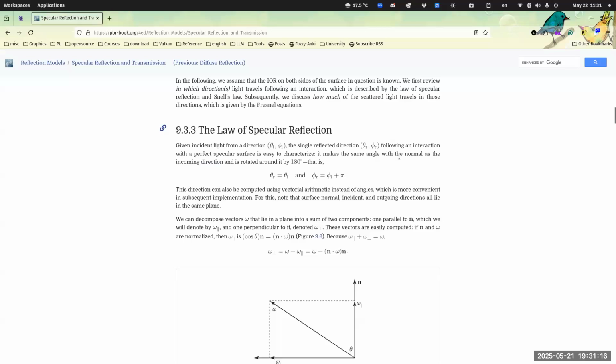It makes the same angle with the normal as the incoming direction and is rotated around it by 180 degrees. So theta doesn't change, the same angle, and then phi is rotated by pi.